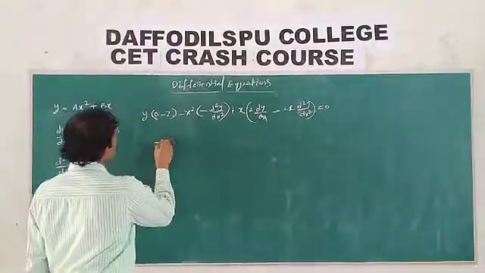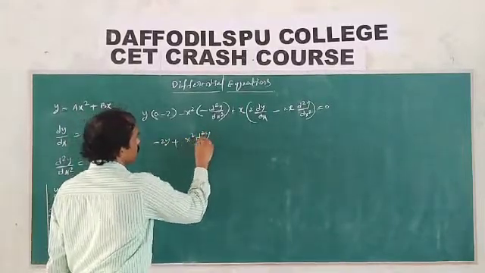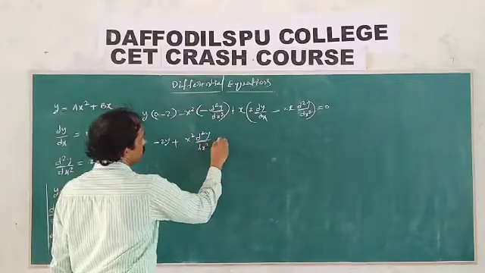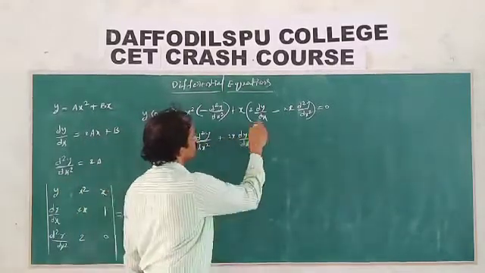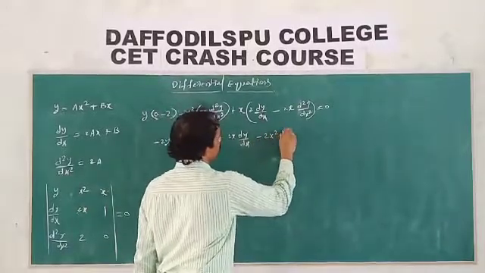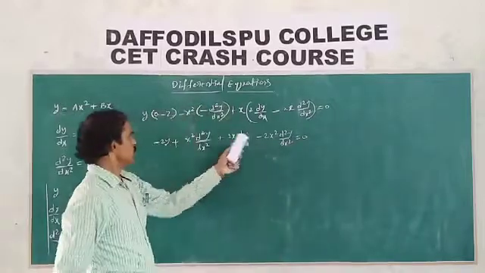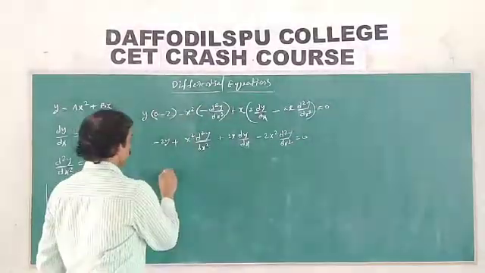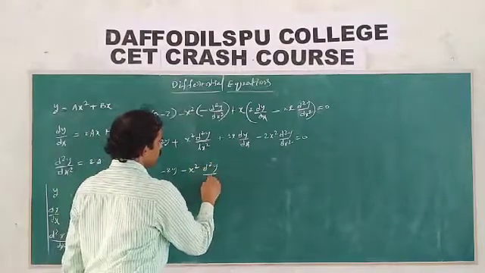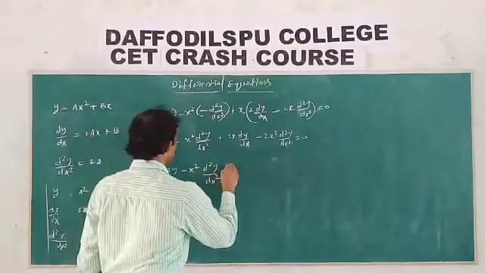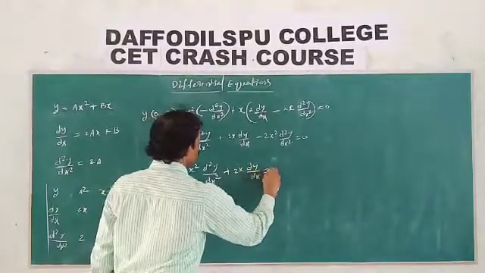So minus 2y minus x square d square y by dx square plus 2x dy by dx minus 2x square d square y by dx square plus x square, and so on.